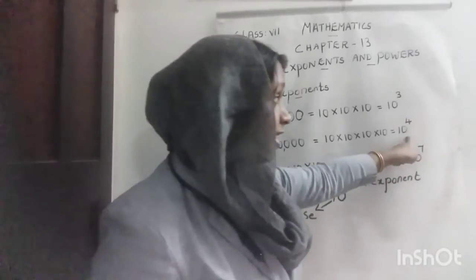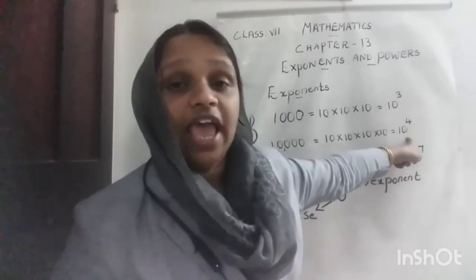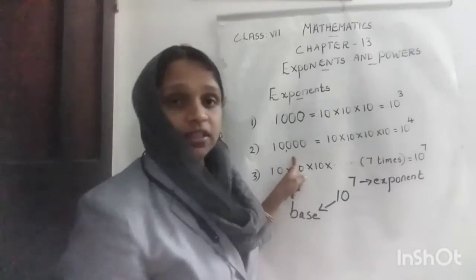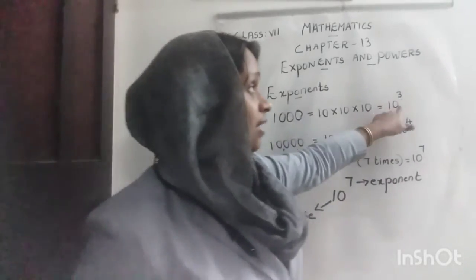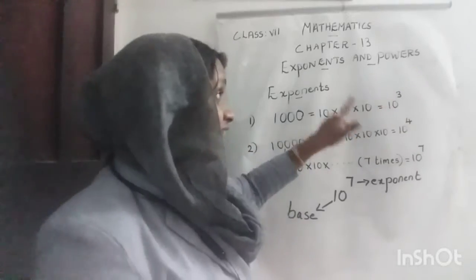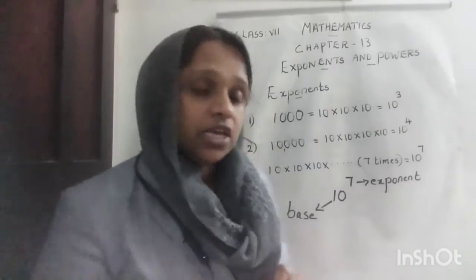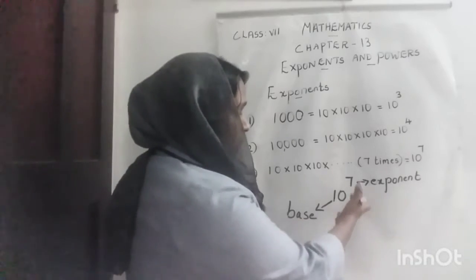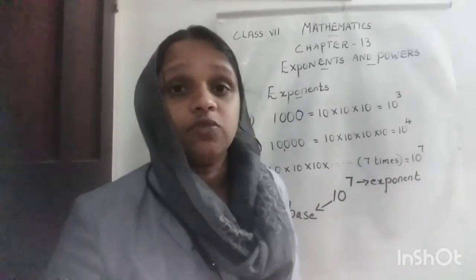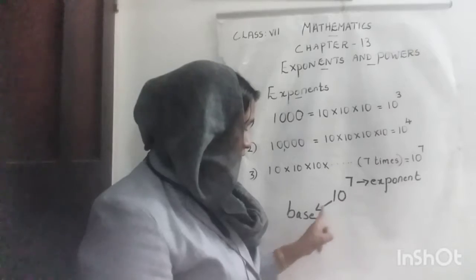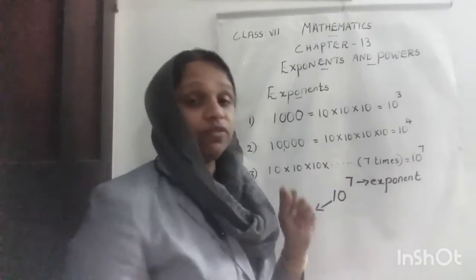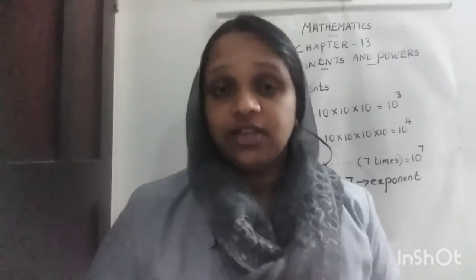So 10 raised to 4 is the exponential form of 10,000, and 10 raised to 3 is the exponential form of 1000. Got it? This form we call exponential form. Here 10 is the base and 7 is the exponent.